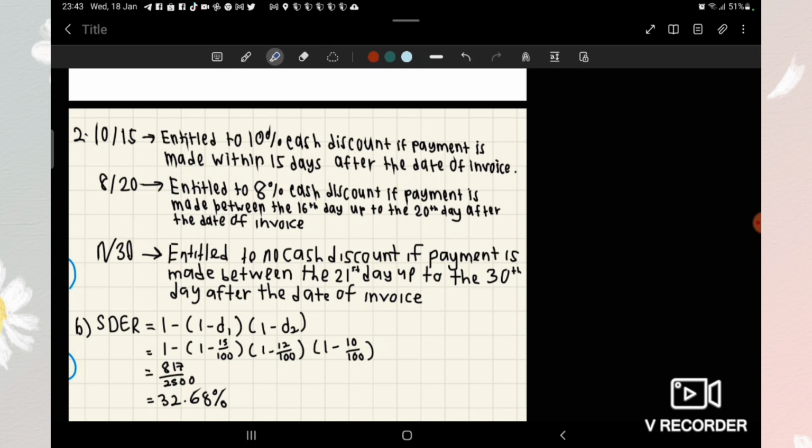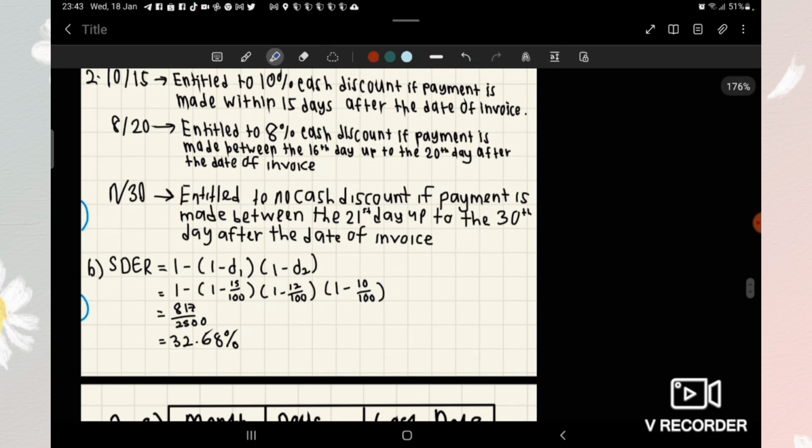Okay, for question B, put the formula first. SDER equals 1 minus, open the bracket, 1 minus D1, close the bracket, open again, 1 minus D2, close the bracket. So we just put in the information we already have: 1 minus, open the bracket, 1 minus 50%, close the bracket, and open the bracket again, 1 minus 12%, close the bracket, and open again, 1 minus 10%, because we have 3 discounts.